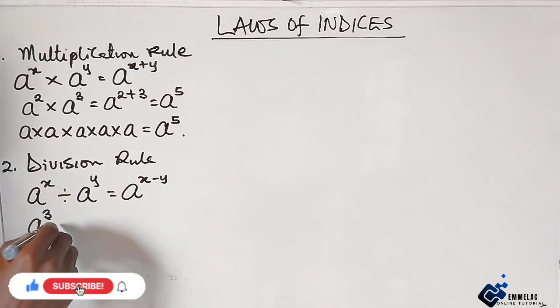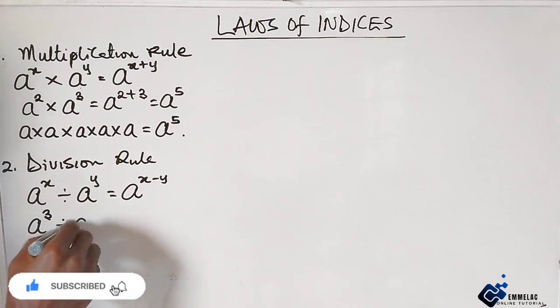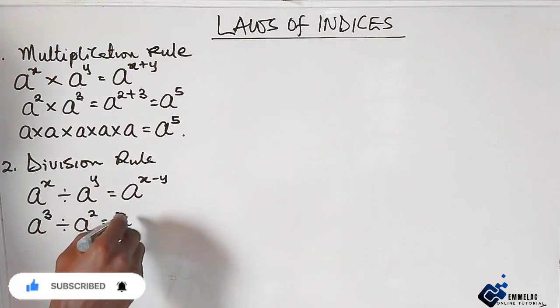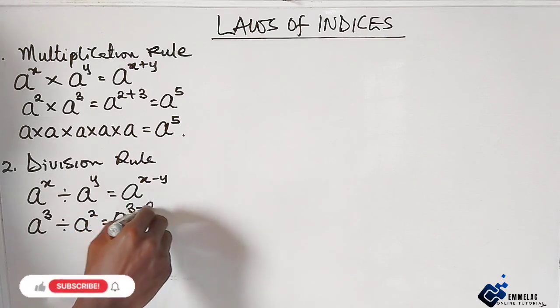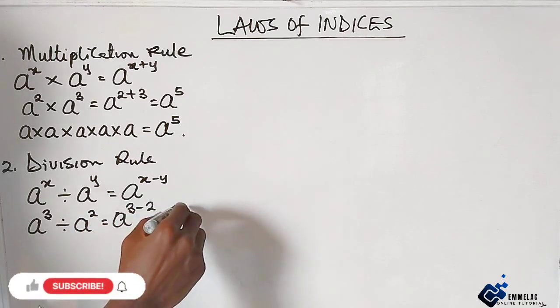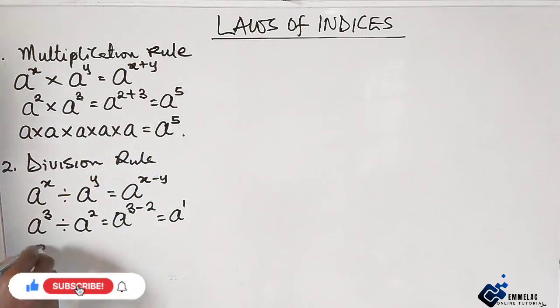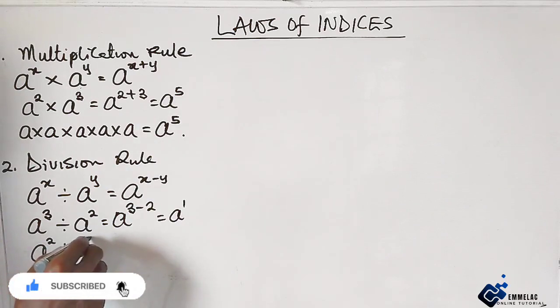In its application, a raised to the power of 3 divided by a raised to the power of 2 gives us a raised to the power of 3 minus 2, which equals a raised to the power of 1. You can also have a raised to the power of 2 divided by a raised to the power of 3.